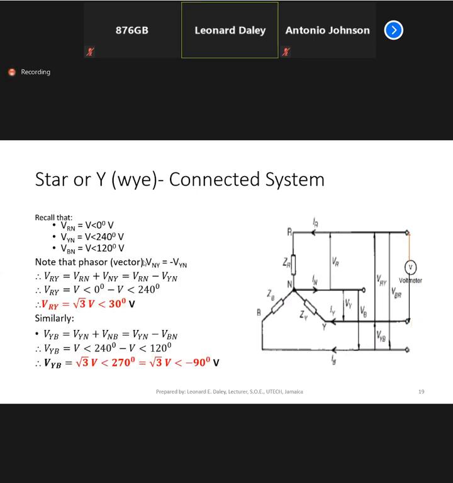All right, look at how we did it here. So with the VBN plus VNR or VBN minus VRN, if you try that... One thing, when I did it first, I didn't get the right thing because I had my calculator in radians. So you have to check that the calculator is in degrees. Yeah, that's an important point.